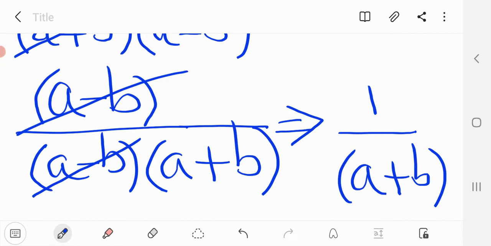I mean in these four operations, whenever available in any algebraic fractions in between any two or any three, then the process which we have to follow, let me summarize it: whenever in between two or more than two algebraic fractions we are having the operation of plus and minus, the only process which we have to adopt, which we have to follow, is to find the LCM of denominator.